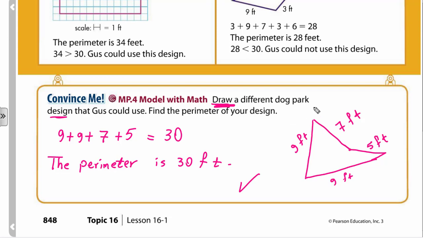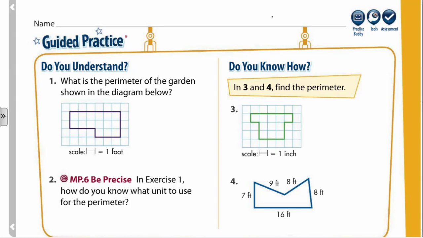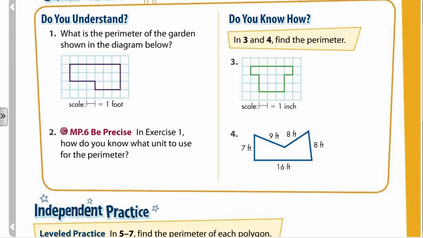Okay, my heroes, now let's move to the next page. And we will start with question number 1. Ibrahim? Yes, teacher. Okay, Ibrahim, I want you to help me to find.